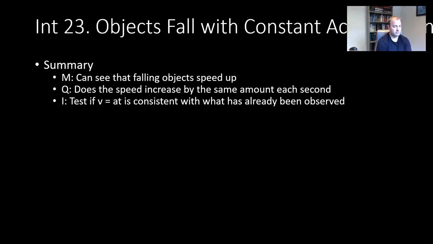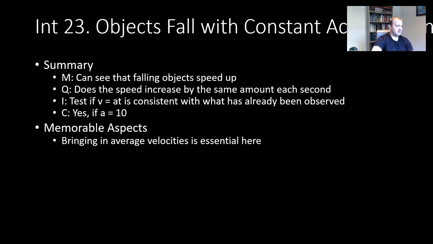So it sounds to me like we're going to hypothesize that v equals at is correct and see if that's consistent. Now maybe I misunderstood what was going on there, but that's the way I interpreted it. And the conclusion is that if a is equal to 10, then yes, it is consistent. That v equals at is consistent with what we've already observed.